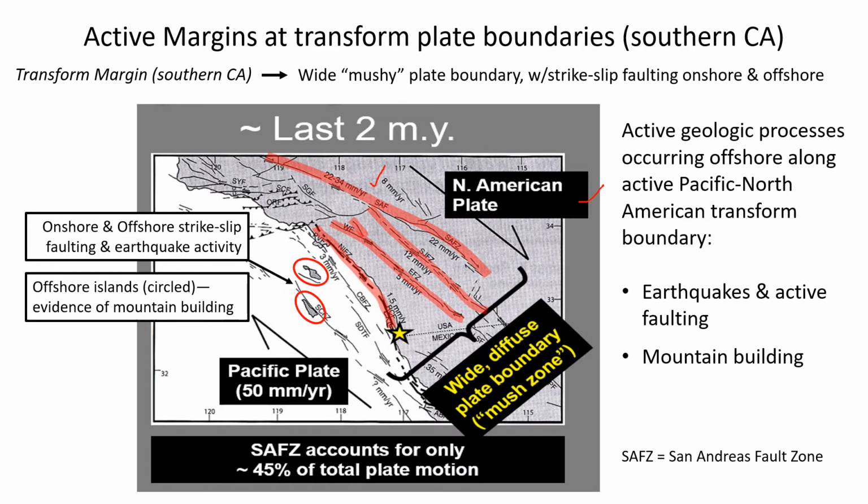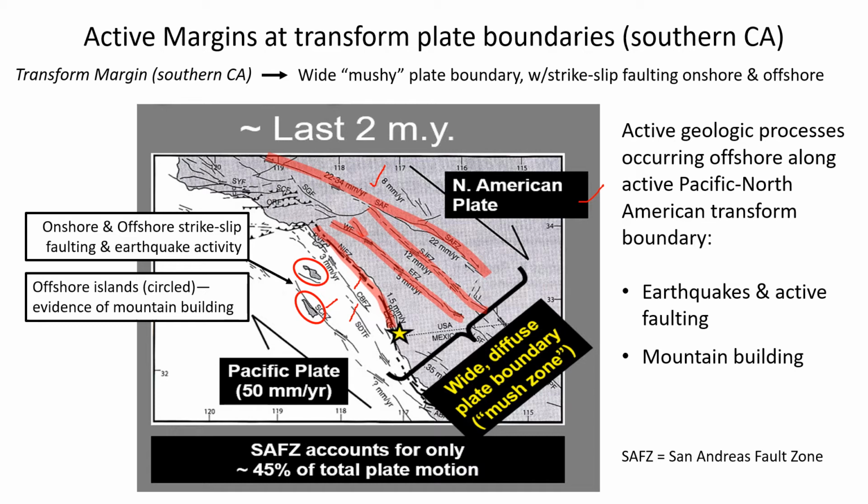So we have, for example, the Coronado Bank fault zone, the San Diego Trough fault zone, the Santa Cruz Island fault zone. This unlabeled fault zone is the Santa Catalina Island fault zone, and many others. Just like onshore faults, all of these faults are right lateral strike-slip faults. They're all capable of generating large earthquakes, perhaps up to magnitude 7 or 7.5.